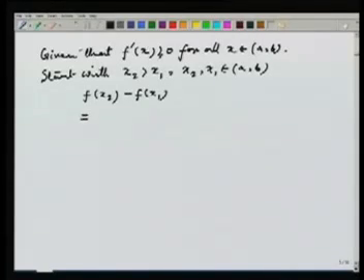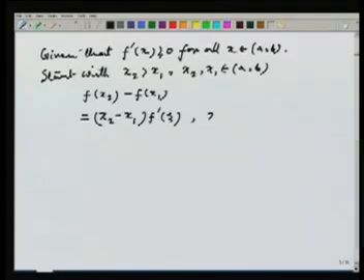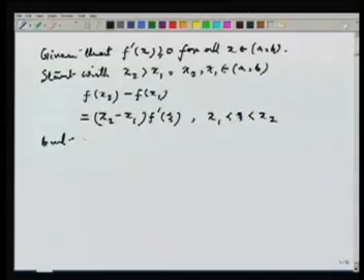But at this point I can apply the mean value theorem, which I have already proved. The statement of the mean value theorem says that f(x2) minus f(x1) is equal to (x2 minus x1) times f prime at a point xi, where xi lies between x1 and x2. But by the given condition, I anyway know that f prime xi is bigger than or equal to 0.